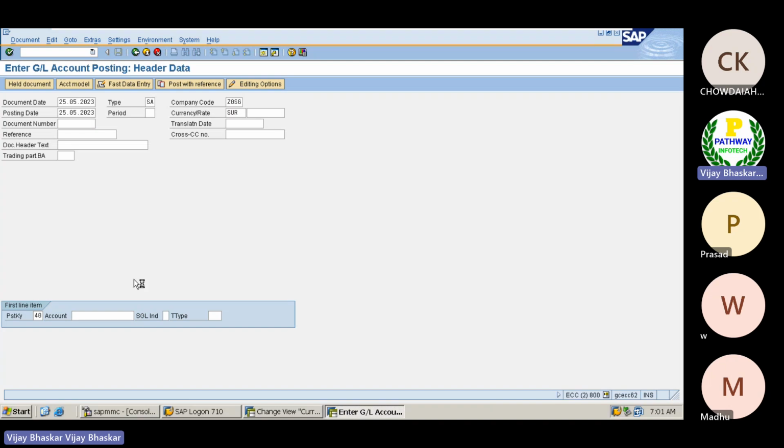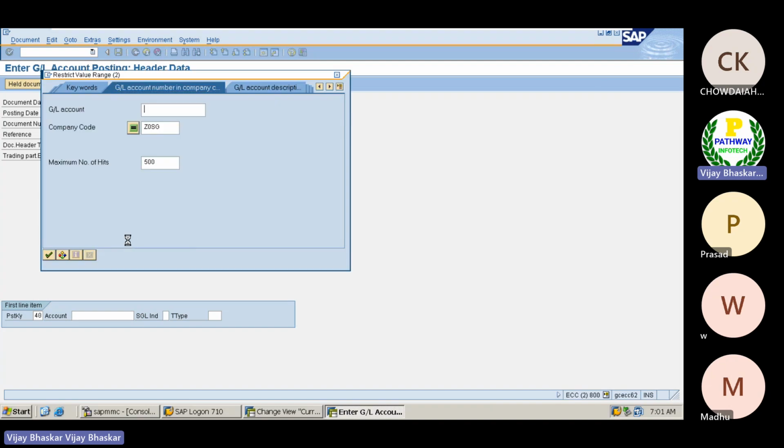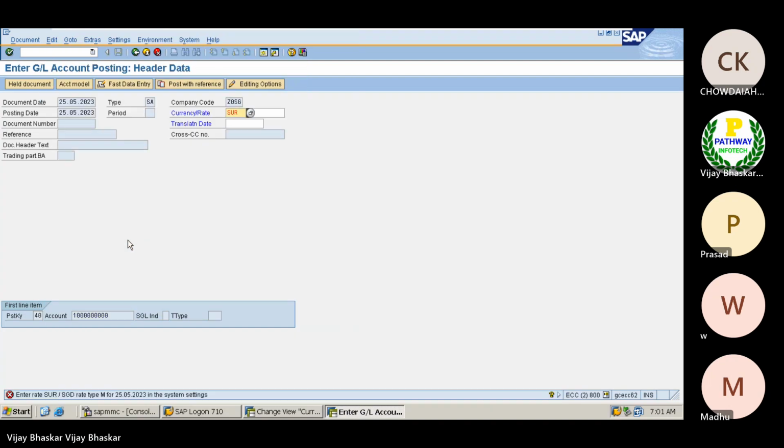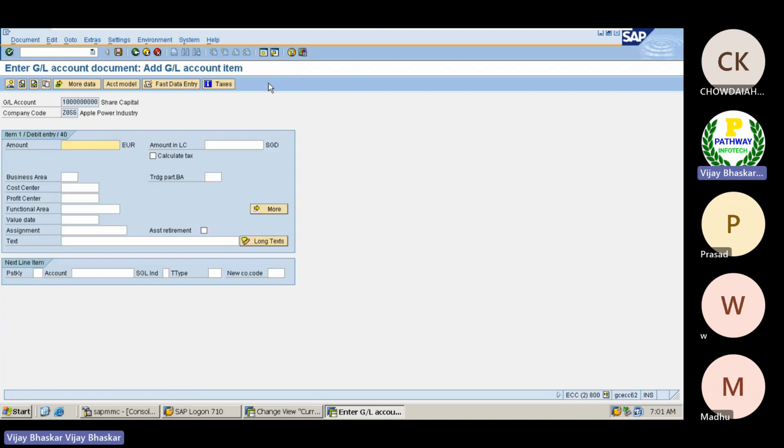Let's see how it will get derived from the backend. Oh sorry, EUR, I maintained it wrongly. Okay, EUR. Remember, in EUR I have entered the amount. Let us assume 500 EUR.